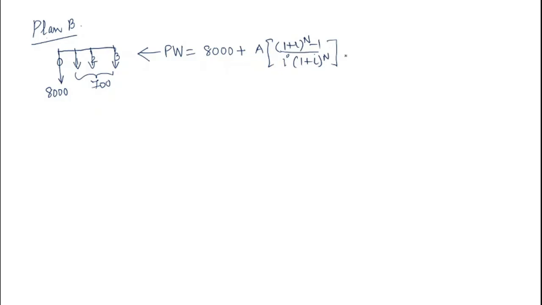If I just fill in the numerical values, this will be 8,000 plus A, which is given as 700, times (1.07 to the power 3 minus 1) upon 0.07 times 1.07 to the power 3. If I compute the numerical value of this, it comes out to be 9837.021 dollars.